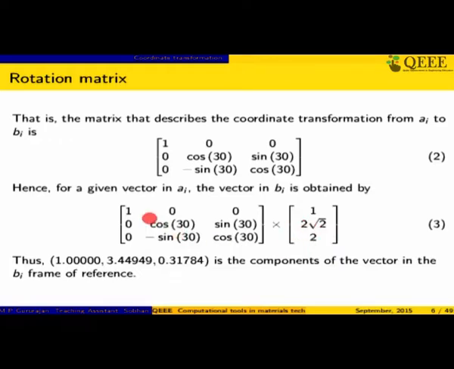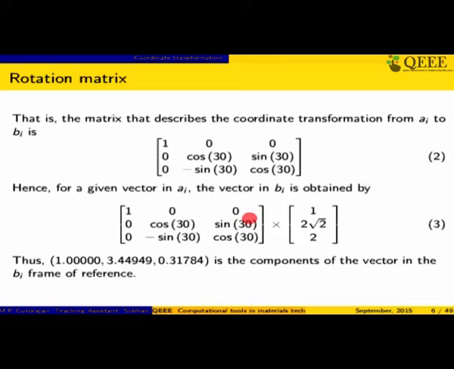So you multiply the cos 30, sin 30, minus sin 30, cos 30 values, and you will get these numbers as the components of the vector in the Bi frame of reference.